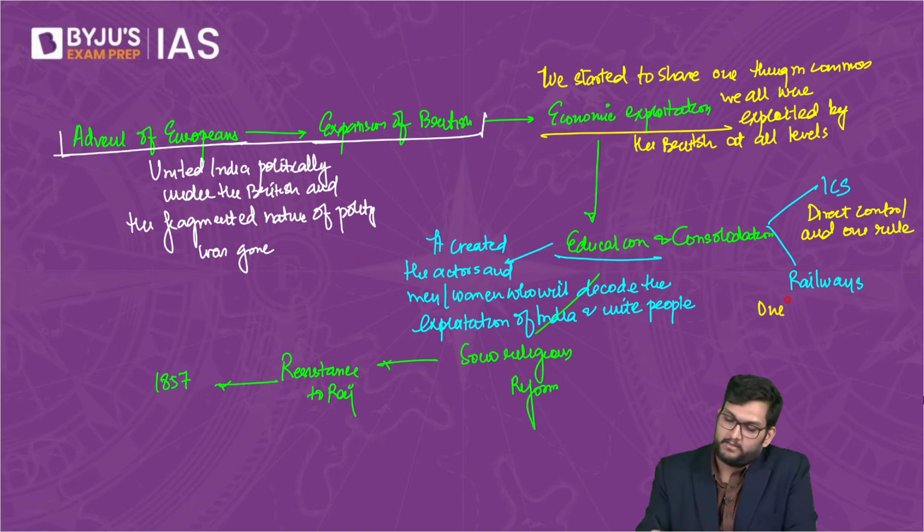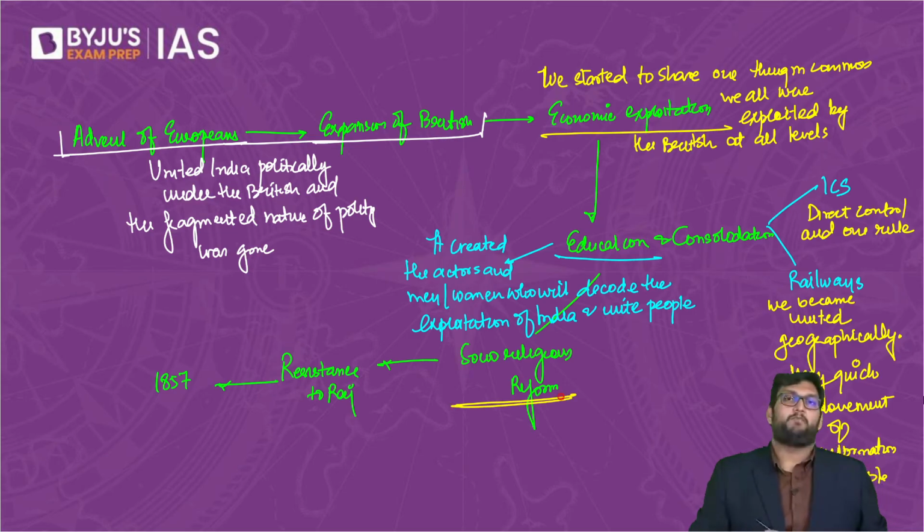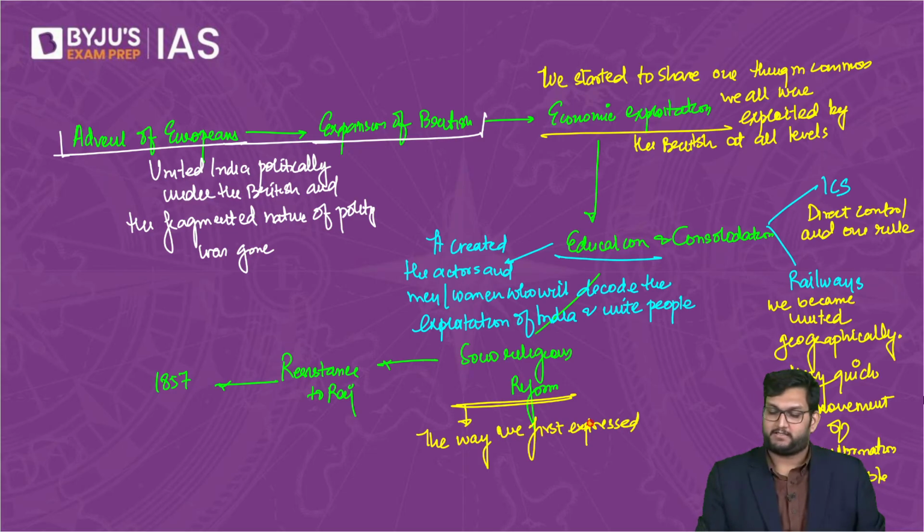Railways, we became united geographically, very quick movement of information and people. Socio-religious reform movement was the way we first expressed collective action.